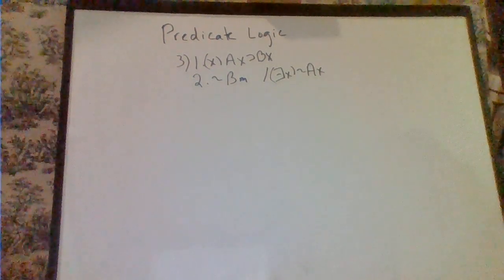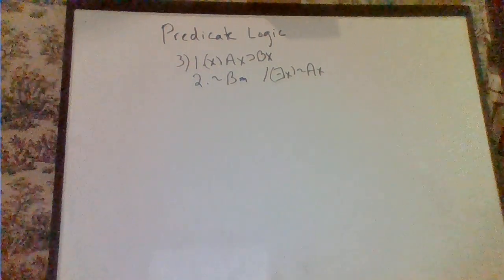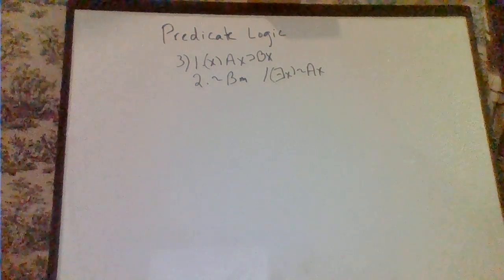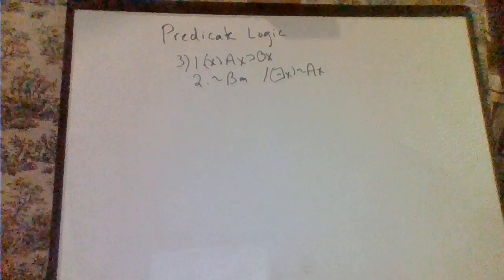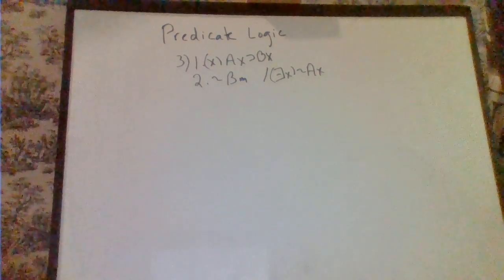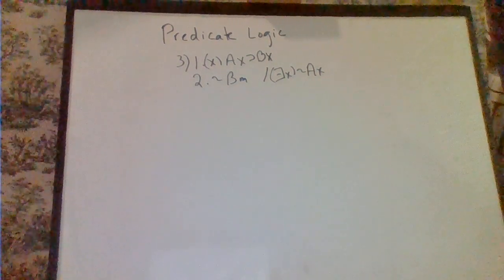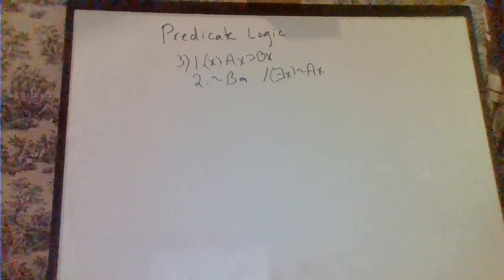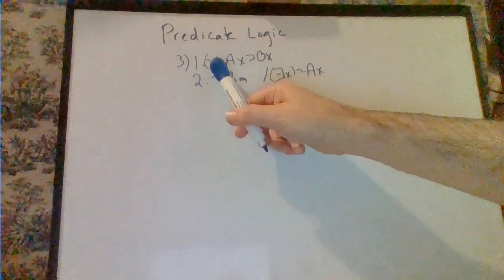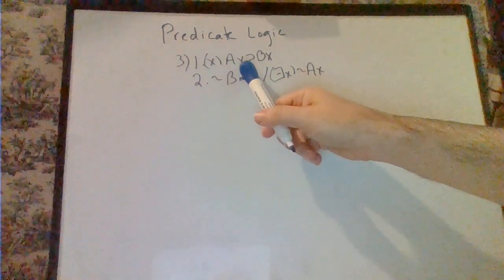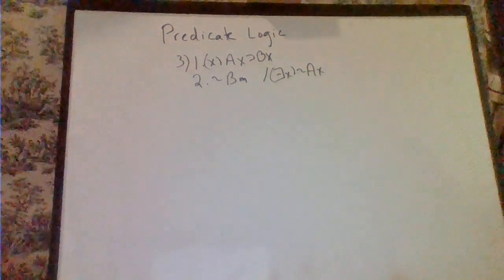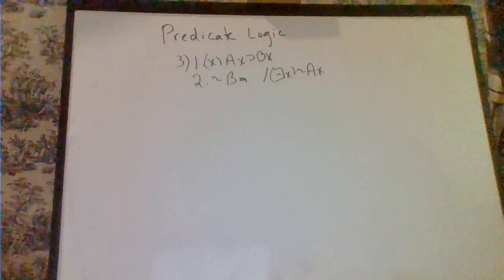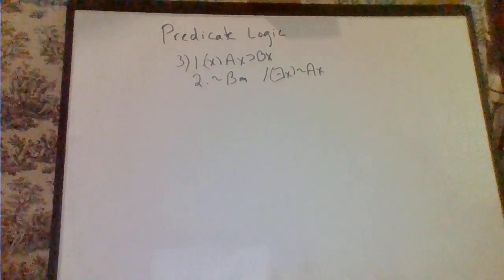So the first thing to remember when working a proof in predicate logic is the fact that when you have these quantifiers, you have to change them. And so basically what we want to do is to get rid of the quantifier and to replace the x, right? X, y, and z are variables which we're not allowed to use. We need to have a particular instantiation.